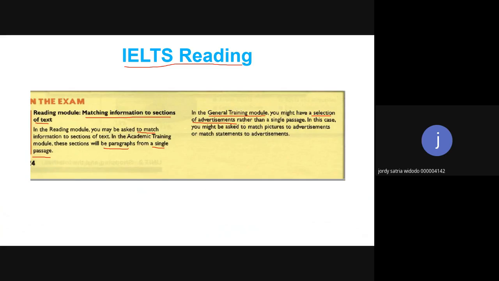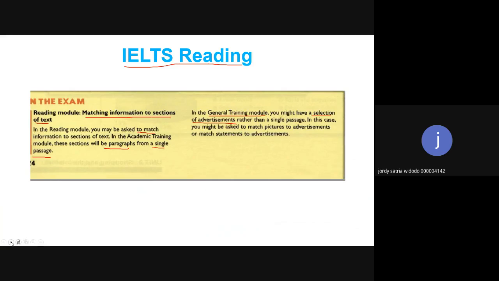In the academic training module, you'll be provided a single passage, but in the general training module, you'll be provided with a selection of advertisements. So you need to match the picture with the advertisements, and also match the paragraphs with the passage, and so on and so forth.